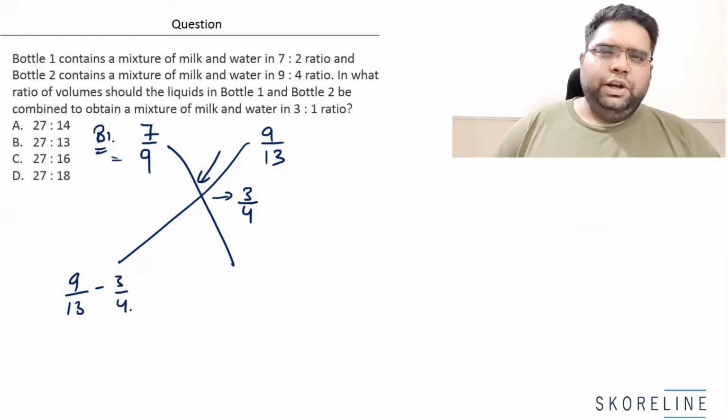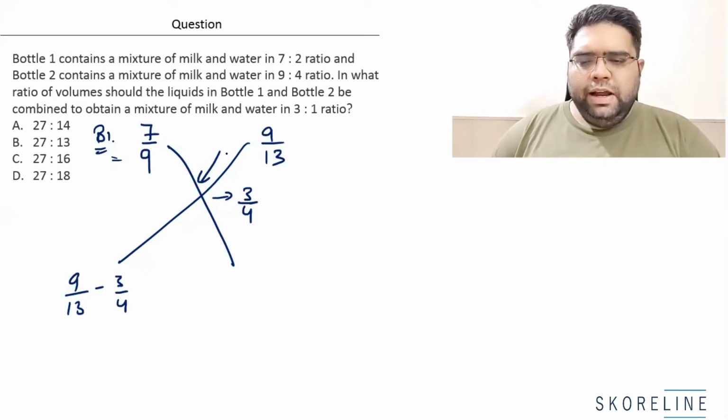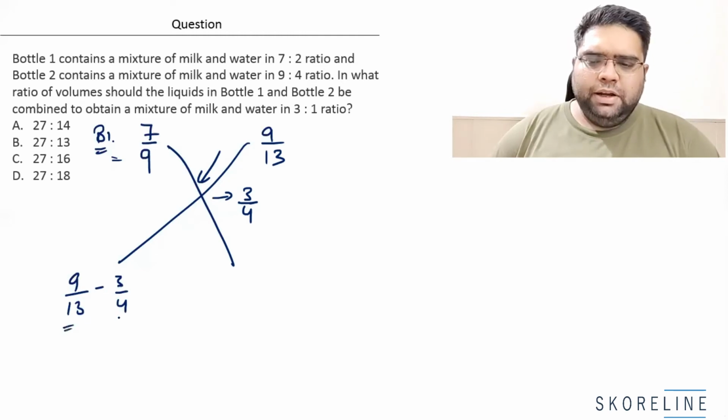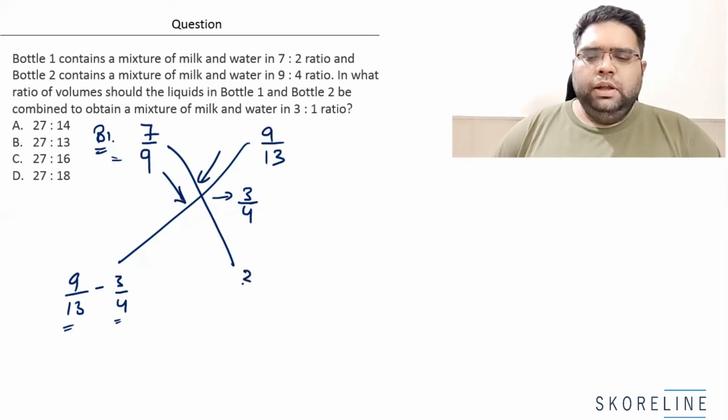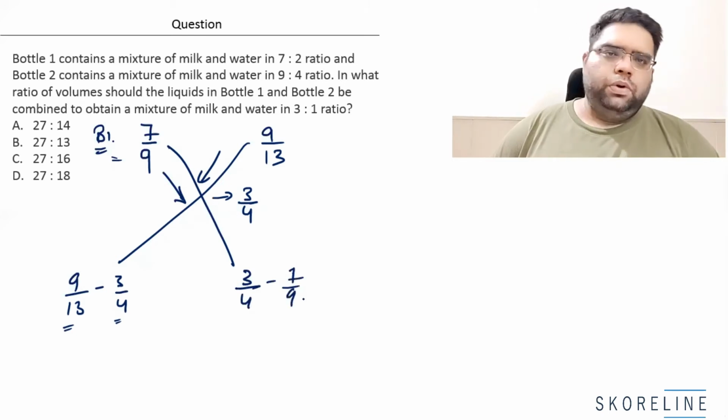I do not want to get into which fraction is higher, and I don't want to get into that stuff. So I'll just subtract 3/4 from 9/13. While I am subtracting 9/13 and 3/4 here, on the right side I'll do just the opposite. I'll subtract 7/9 from 3/4. This we need to do.